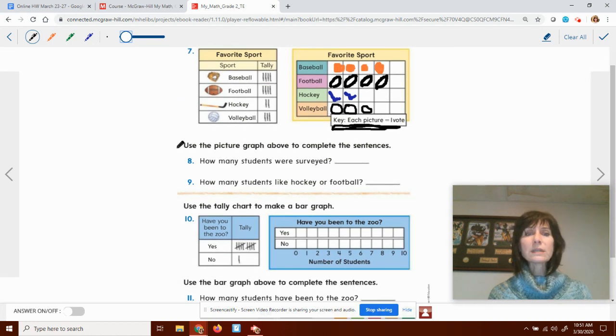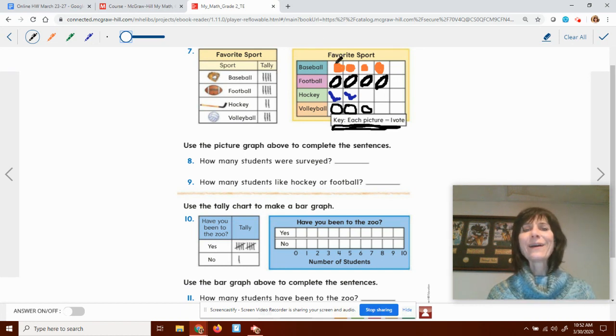It says, using the picture graph above, complete the sentences. How many students were surveyed? We know how many students were surveyed by the number of pictures or the number of tally marks. You guys can add. Take your time. Don't mess it up.